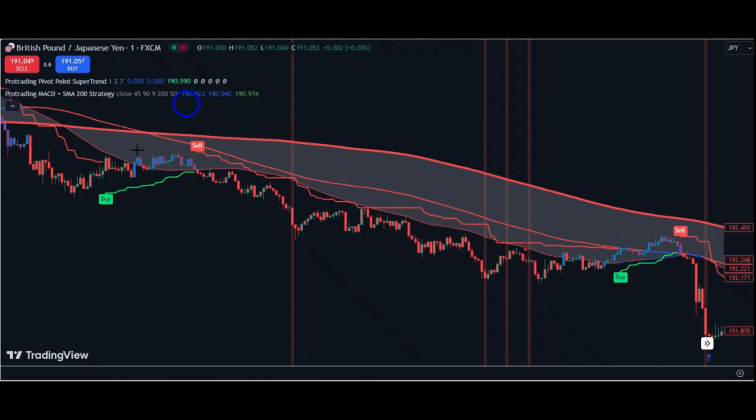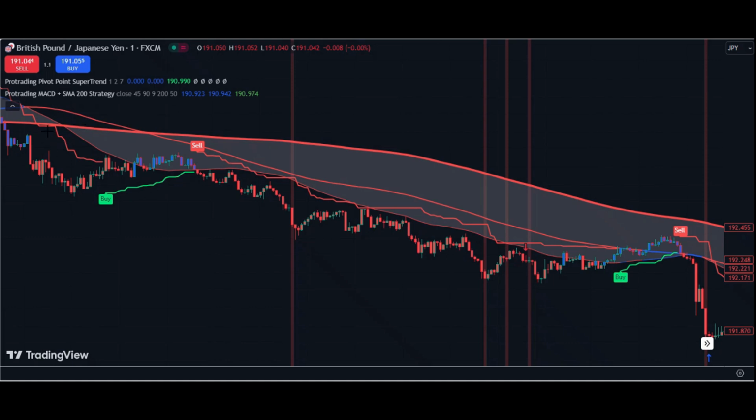If you are familiar with this channel, you know that we always first identify the direction of the market. At every point in time, the first thing is our directional bias. For this, we are using our Pro Trading MACD combined with the 200-day SMA.